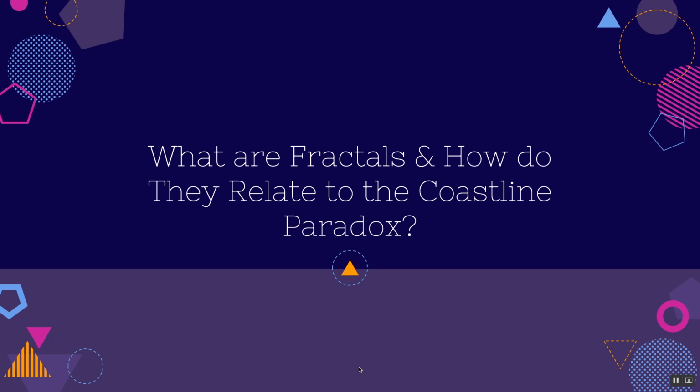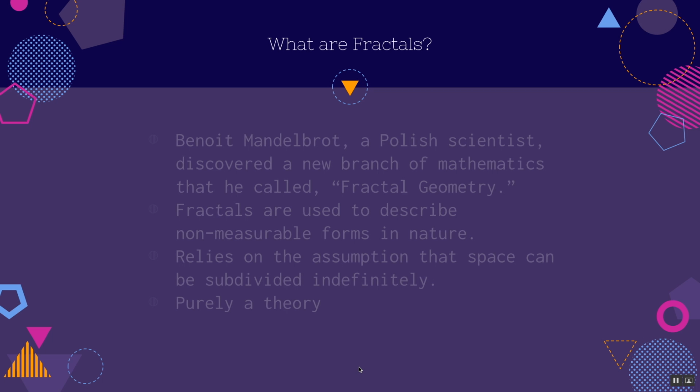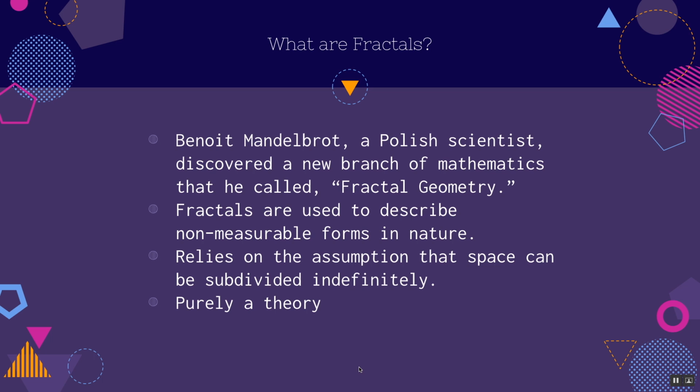But what are fractals, and how do they relate to the Coastline Paradox? Benoit Mandelbrot, a Polish scientist, discovered a new branch of mathematics that he called fractal geometry. Fractals can be used to describe non-measurable forms in nature, and they rely on the assumption that space can be subdivided indefinitely, and is purely a theory.